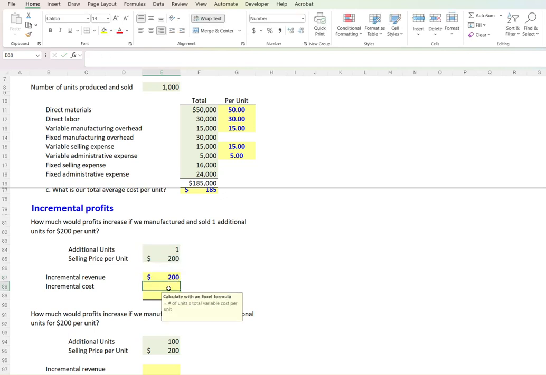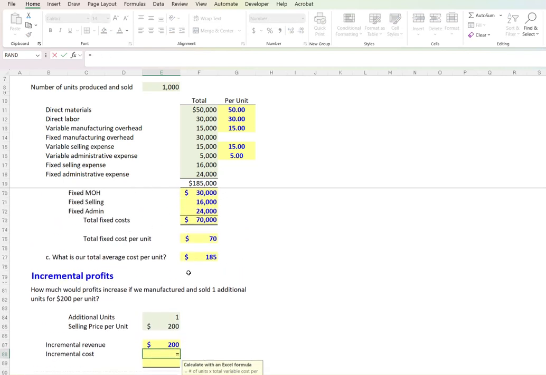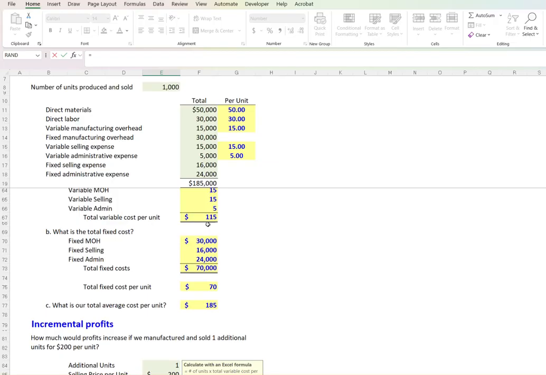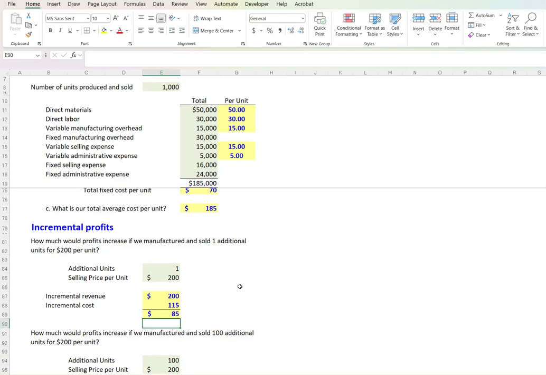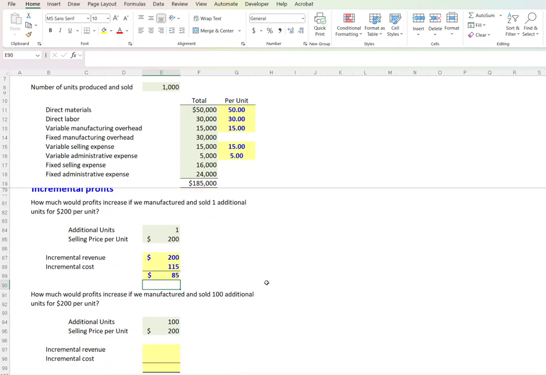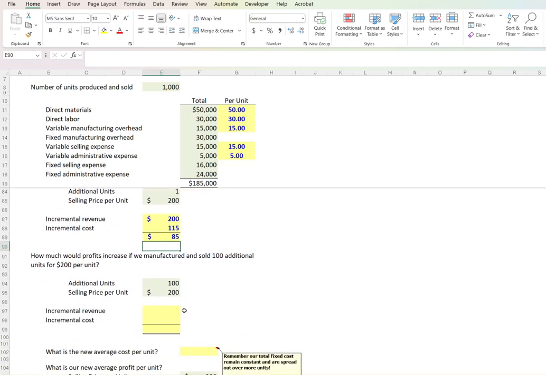Our incremental cost, the only thing that changes is what? Our variable cost. We make one more unit, we'll incur another $115 in costs, which means our profits will go up 200 minus 115. Our profits will go up by $85. What if we sold an extra 100 units?